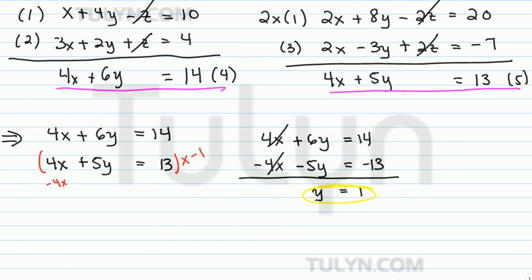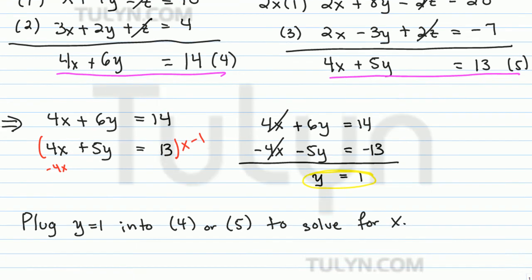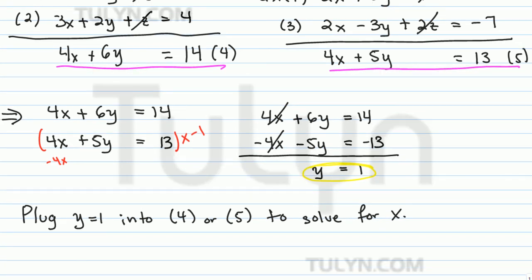And now we need to solve for the other two variables. But we can plug y equals 1 into either equation 4 or 5 to solve for x. So let's do that. So let's pick an equation. I'll put it into the first one.